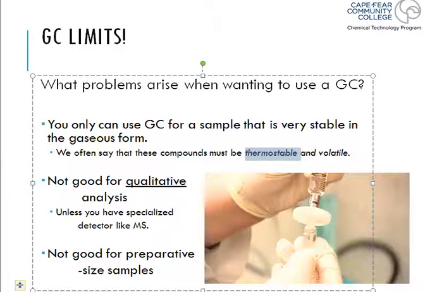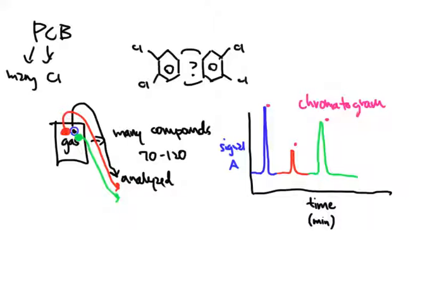It cannot break down. So if I've got this sample that I am heating up and this sample begins to volatilize and make a gas, that's great. That's the number one criterion. You have to turn it into a gas. However, the second thing is that it has to stay in a gas form.